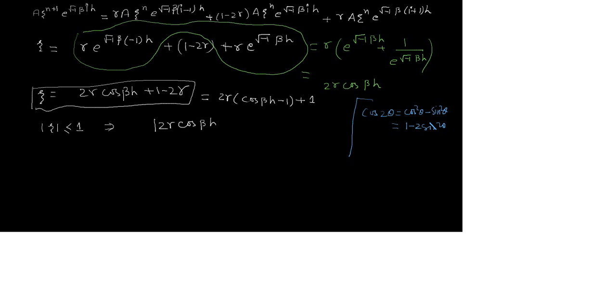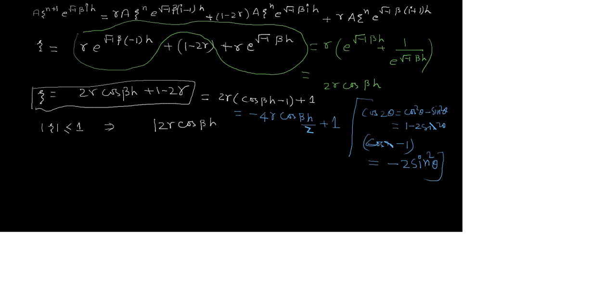So cosine 2 theta minus 1 will be minus 2 sin square theta. So this I can write as minus 4r sin square beta h by 2 plus 1.